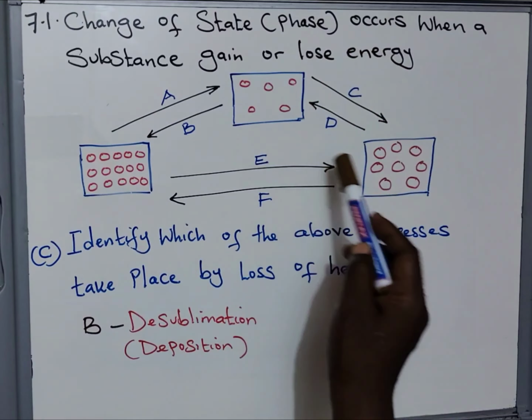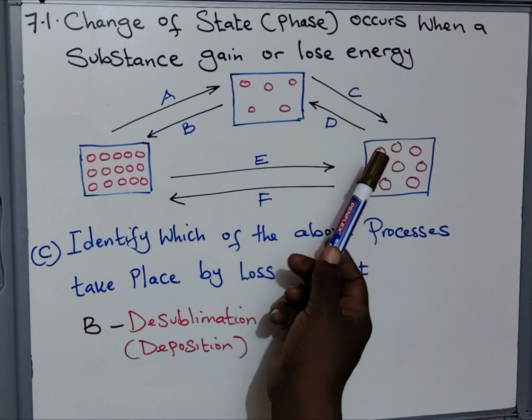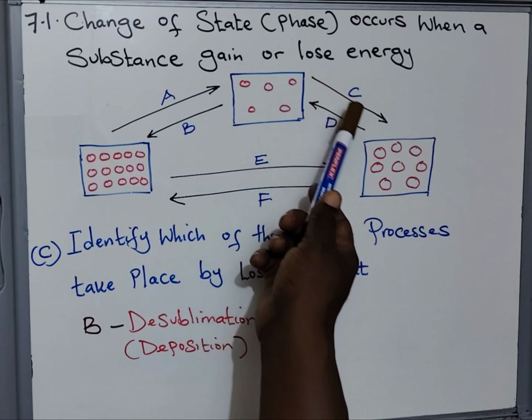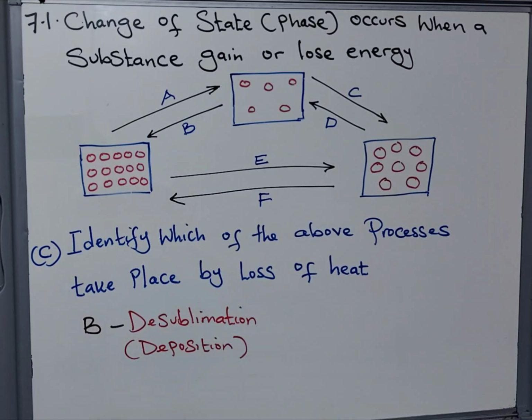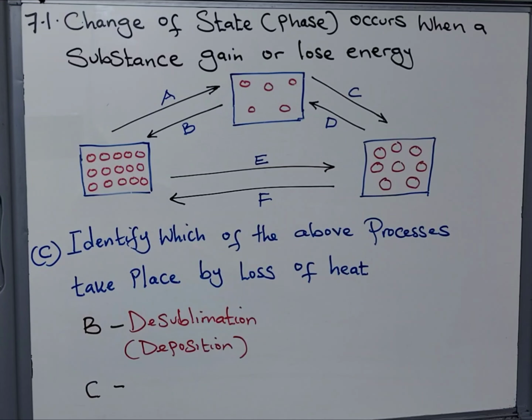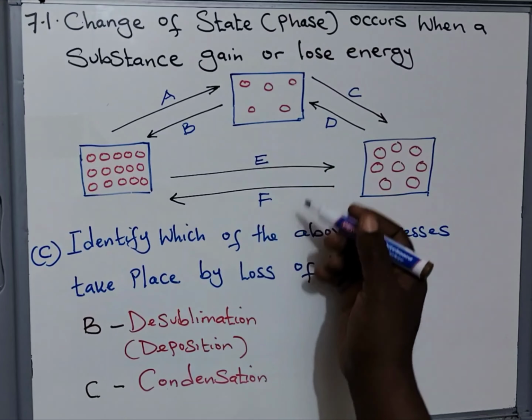Okay, when you look at this side, which of these processes will take place by loss of heat? The change from gas to liquid, which is C. And what is C? Gas to a liquid, it's condensation. Then we come to here.